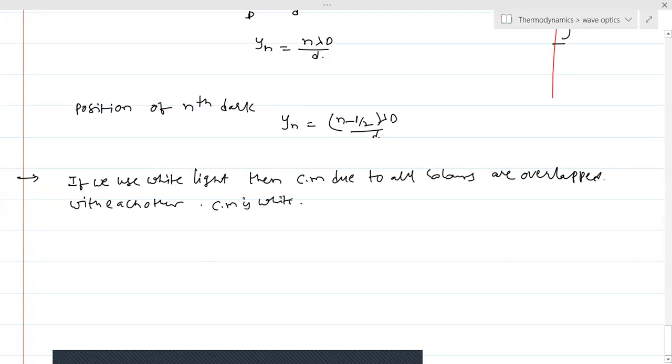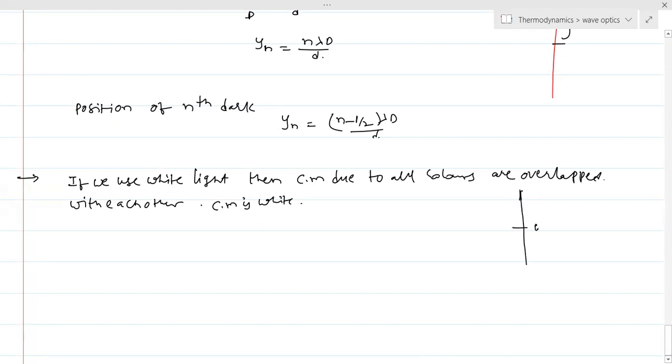Normally we use a monochromatic light source, maybe a sodium vapor lamp mostly. So instead of taking that yellow light, if we use a tube light, what is the nature of YDSE? We will see that the central maximum is white.